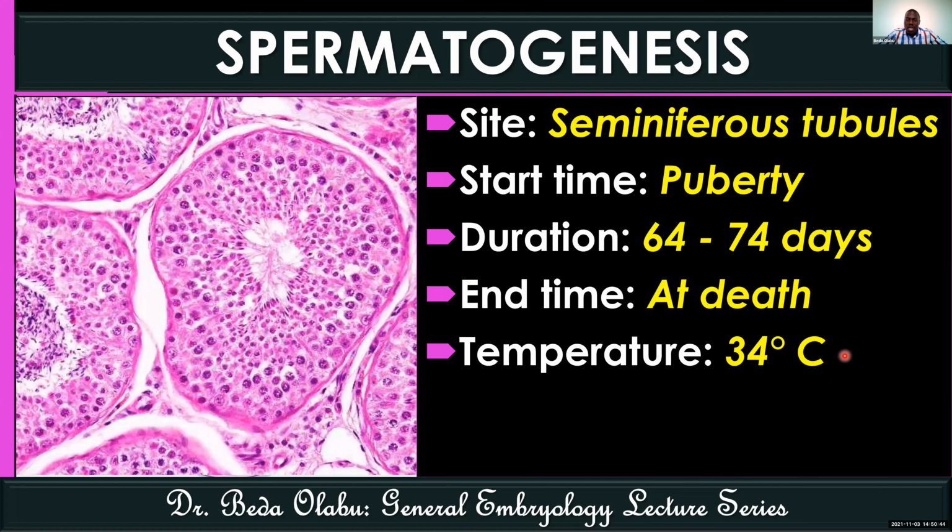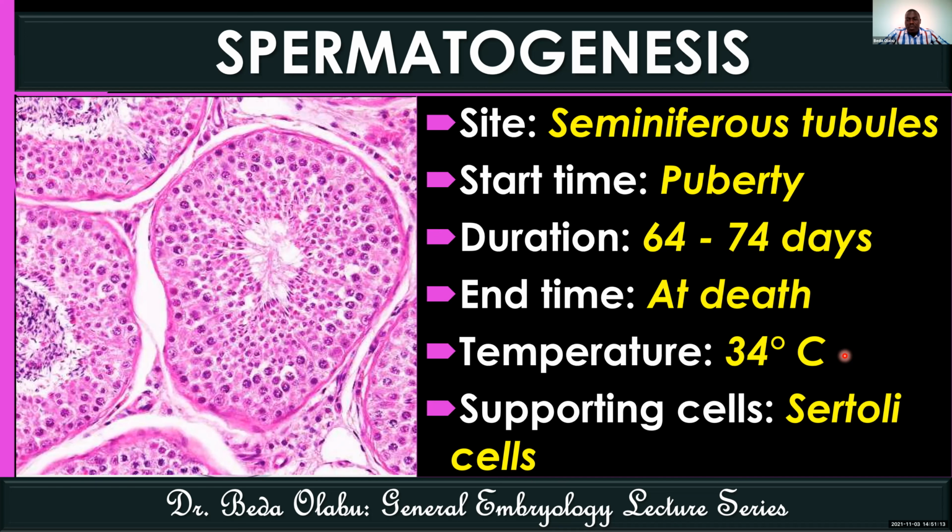And it explains why the testes then hang outside. I usually find that term a bit off, but maybe it's the best term to use, that the testes must hang outside so that the scrotum can cool the testes. So it's a cooling effect. Men need to know that they need to keep that thing cool.